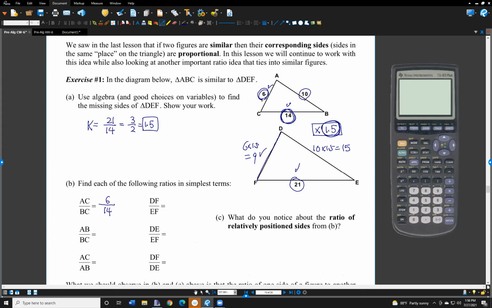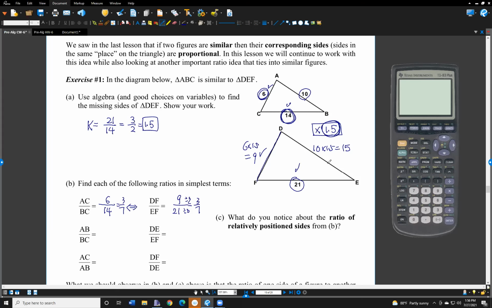DF is what? From here, 9. EF is 21. That must be equal. Can you see that? 6 over 18 equals 9 over 21. You can divide by 2 over here: 3 over 7. You can divide by 3 over here: still 3 over 7. This is the relative ratio, not the corresponding ratio, okay?